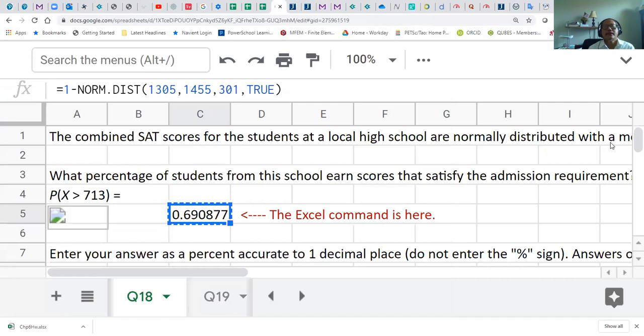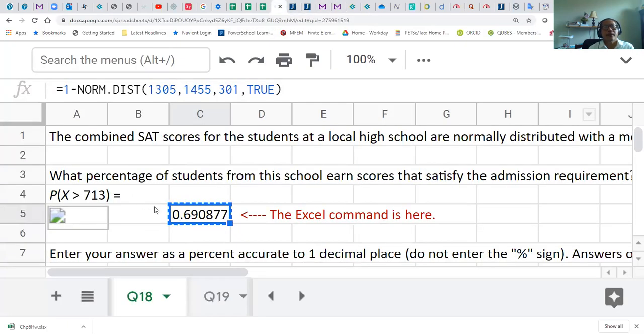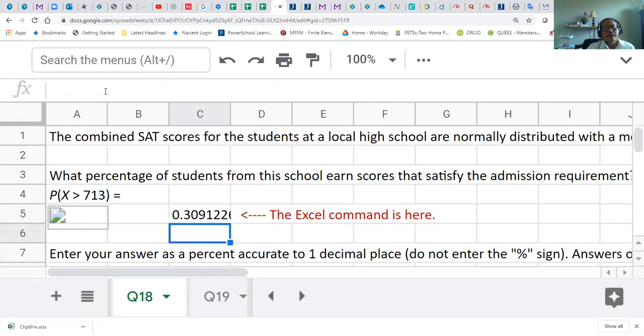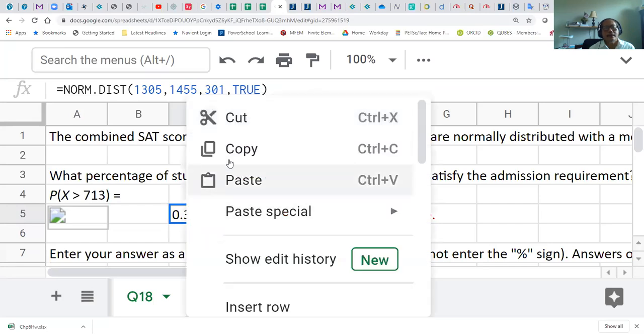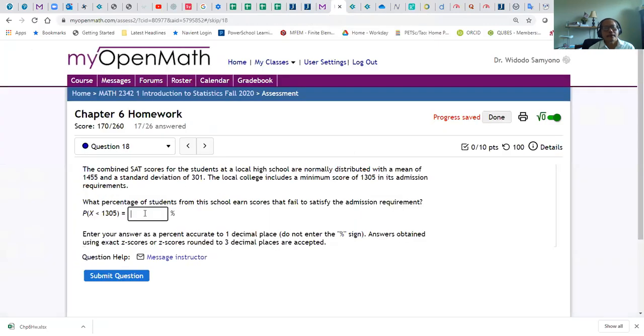Okay, I think you need to be careful here. Your problem is less than, so you don't need to subtract from 1. But the problem in the Excel is greater than, so there you need to subtract from 1. For your problem, you don't need to subtract from 1, so you need to erase this. That will be the answer for less than 1305.